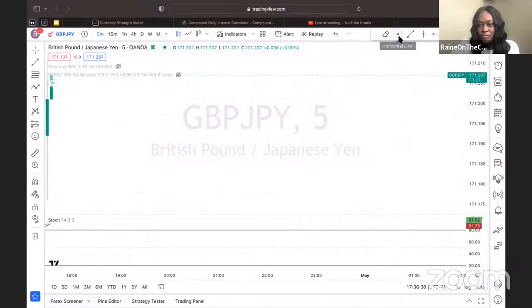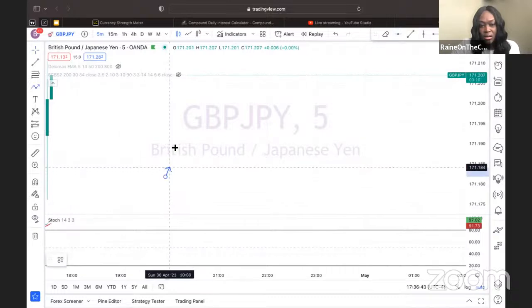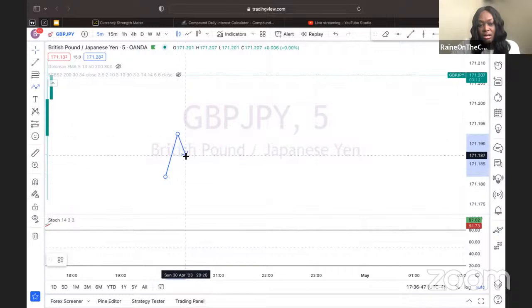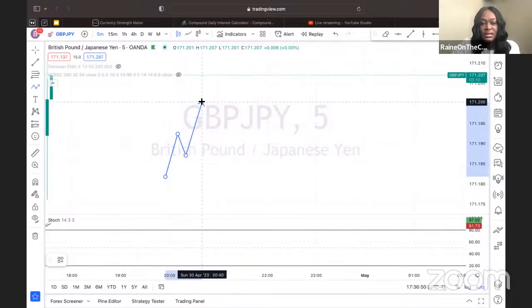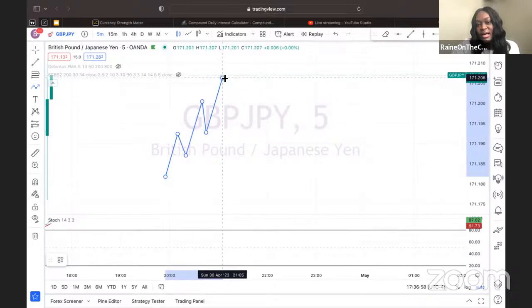So we know that price is going up, and we know that how we identify an uptrend is that we have higher highs and higher lows, right?